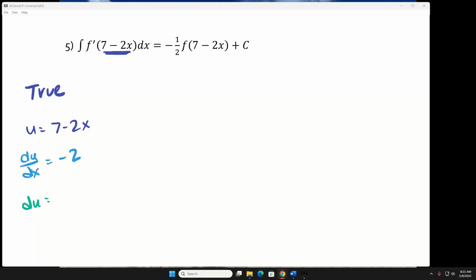And then you can solve that for u. Okay, and so we need a negative 2 dx. However, we only have a dx. So we would correct that by multiplying by negative 2. And then in front, we would multiply by negative 1/2.